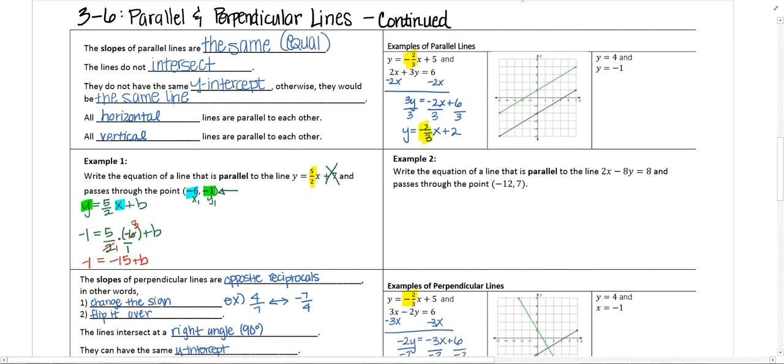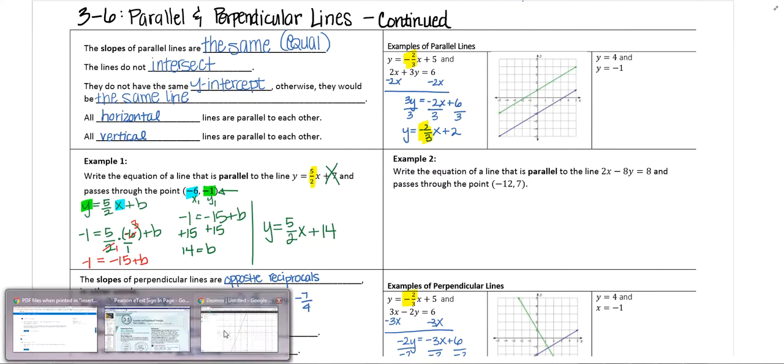We're almost done. We are just going to add the 15 to both sides to get the b alone. So add 15, add 15. -1 plus 15 is 14. So our b is 14. And so our answer is y equals 5 halves x plus 14.